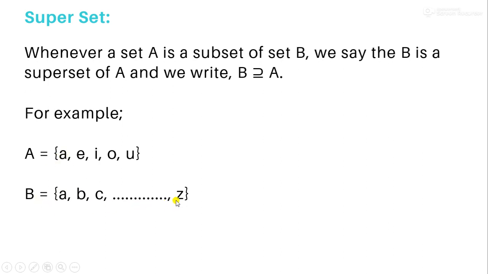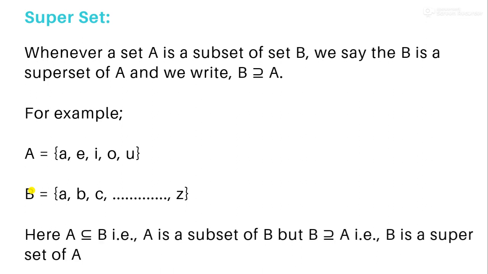Here B is the superset of A because A contained A, E, I, O, U, and B contained A, B, C up to Z. So these all elements are present in set B. Therefore B is the superset of A. Here A is the subset of B and B is the superset of A. It is as simple as that.